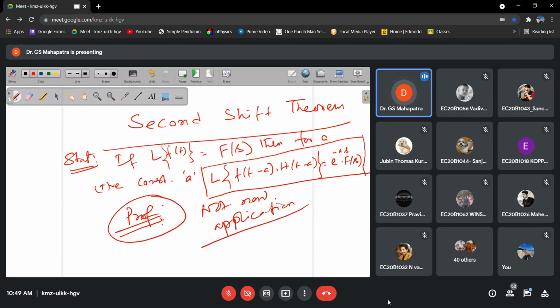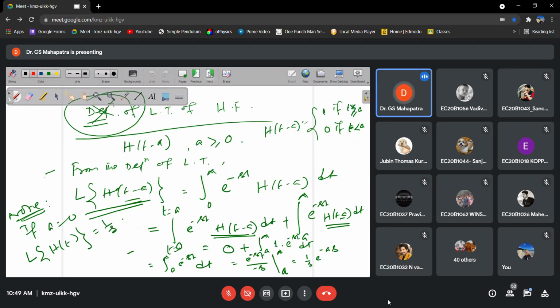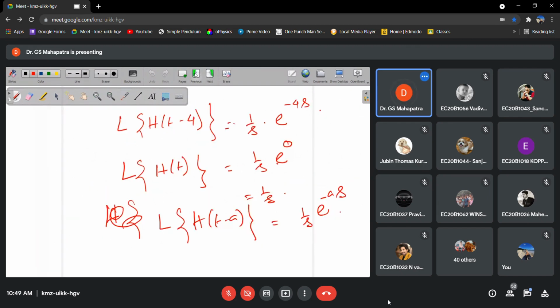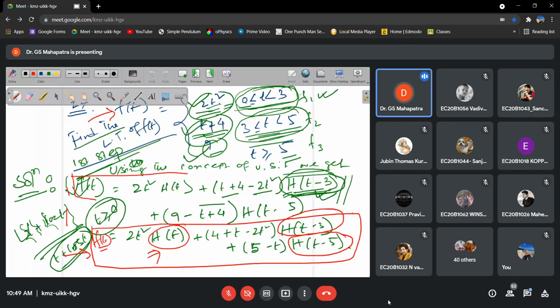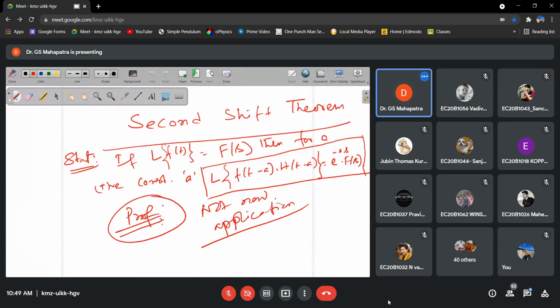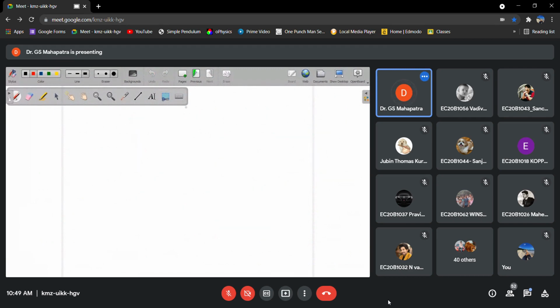Going back to the previous page, this one is very important. We have already discussed this part, so I will write it again over here.